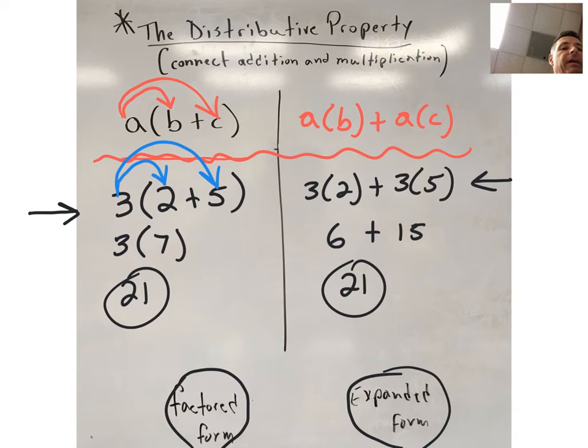Expanded form, we distribute the 3 to the 2. We say 3 times 2 plus 3 times 5. 3 times 2 is 6, plus 3 times 5 is 15. 6 plus 15 is 21.